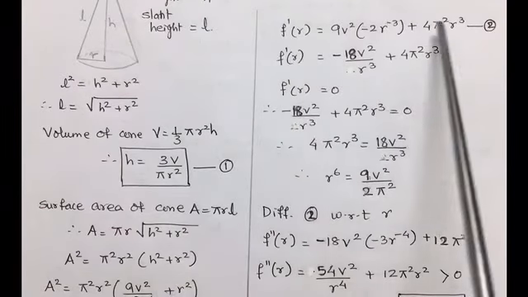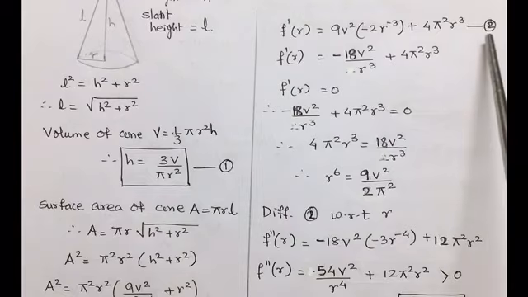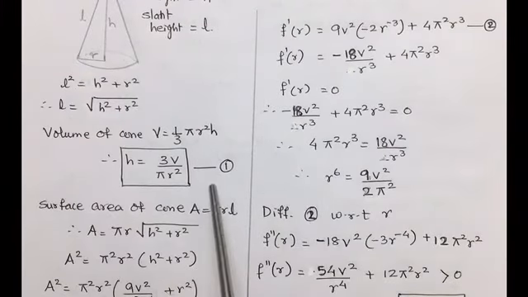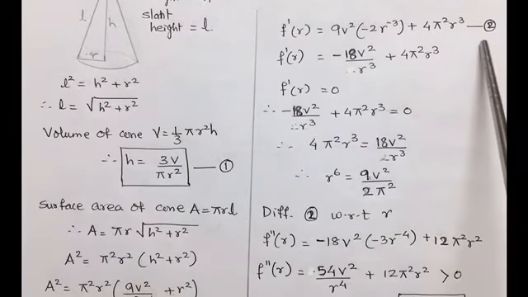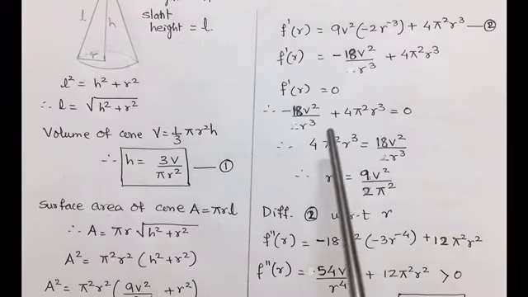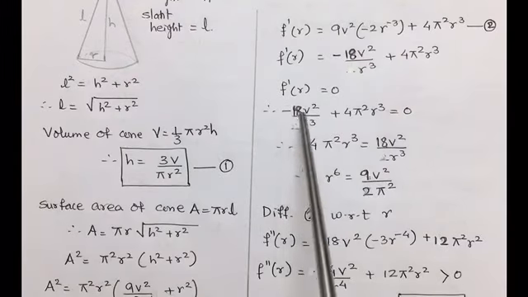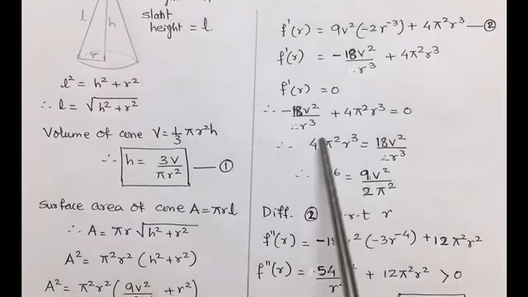Now the first derivative statement, we always mark it as 1 or 2. Here 1 we have already taken, so we have marked this 2. Now to calculate the value of r, we will take the first derivative equal to 0.